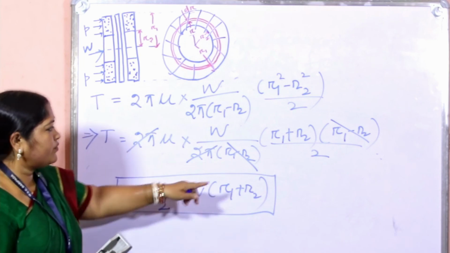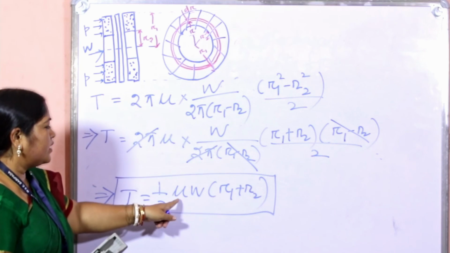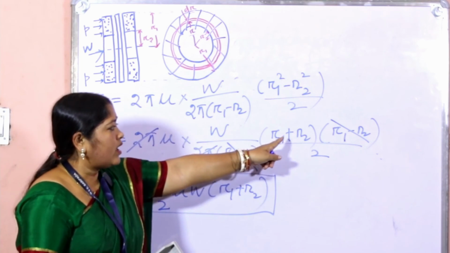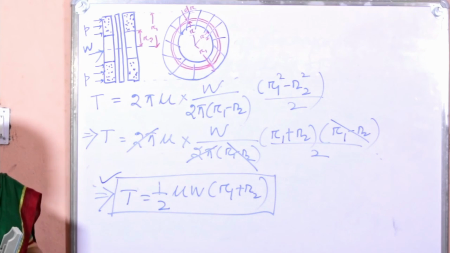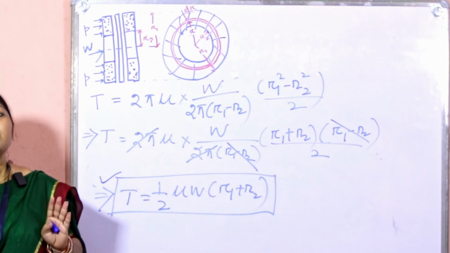What is remaining? Half, since 2 is present in the denominator, mu W into R1 plus R2. So T is equal to half mu W into R1 plus R2. This is the amount of torque transmitted for uniform wear for a single plate clutch.